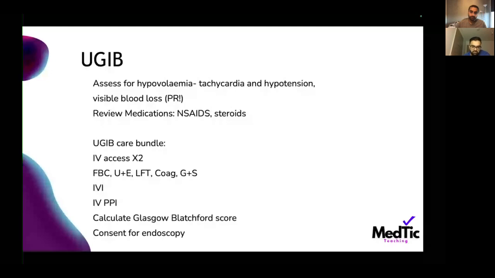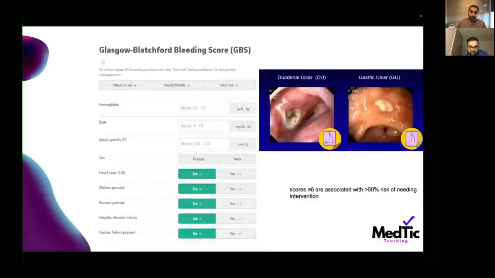The GBS score is a risk stratification for upper GI bleeding. As a general rule of thumb, people who score 6 or more have a greater than 50% risk of needing some sort of intervention.